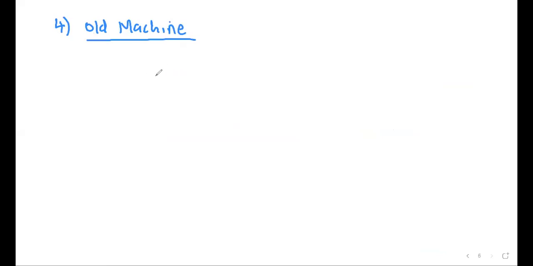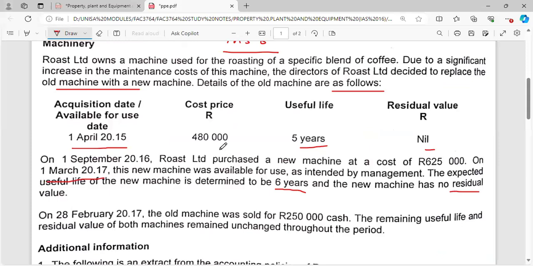So the old machine, we need the cost. What was the cost of the old machine? It's 480,000, and the useful life is 5 years. When was it acquired? 1 April 2015.